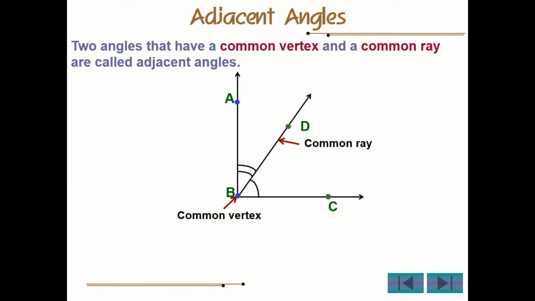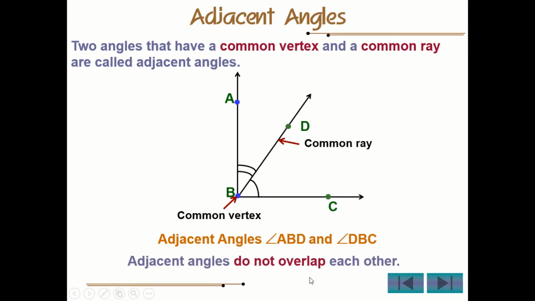Okay, this is the ray, and then this is the vertex. So that means the adjacent angles are angle ABD and angle DBC. So their common ray is BD, ray BD.